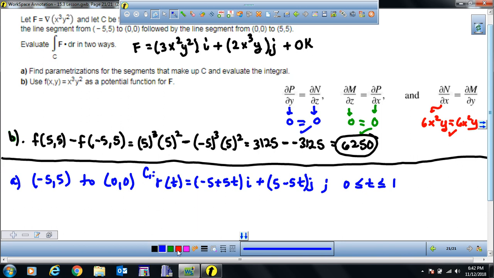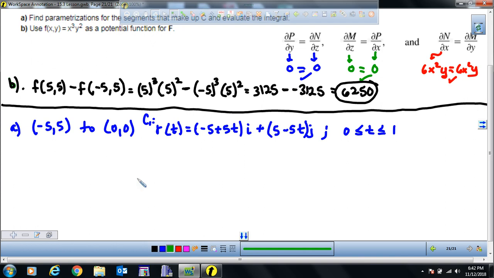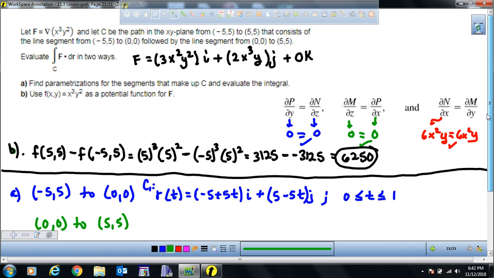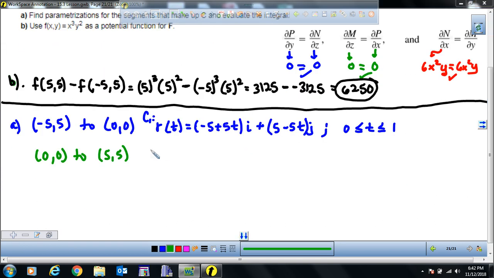Okay? Let's find also C2. So C2 is going to go from 0, 0 to the last point, 5, 5. So what would be the second parametrization? It is increasing by 5, so it would be 0 plus 5t, which is just 5t i.